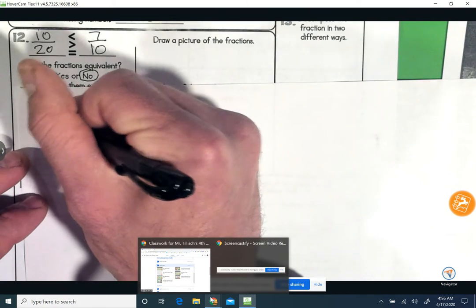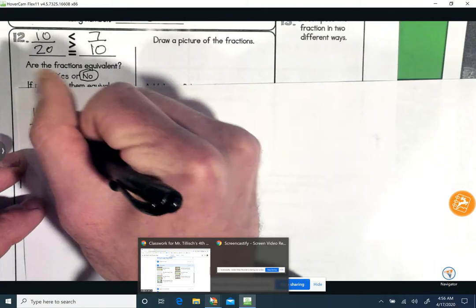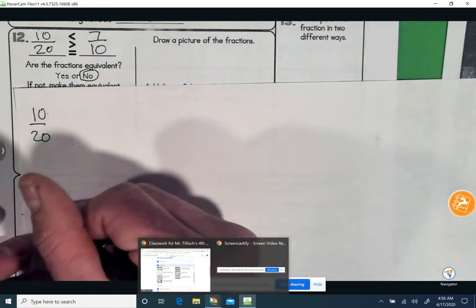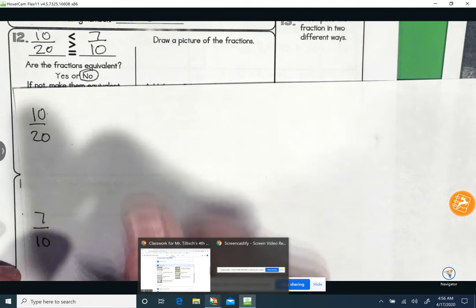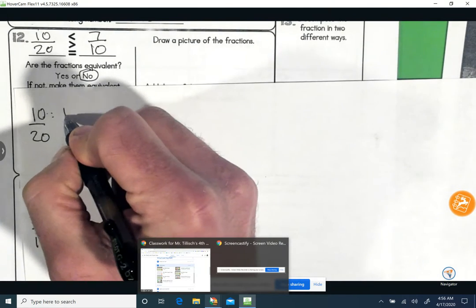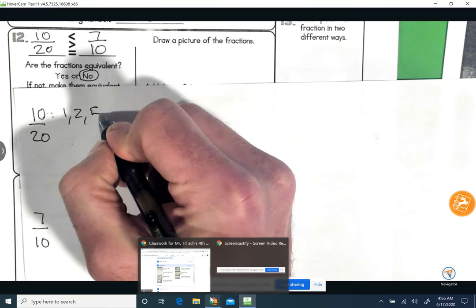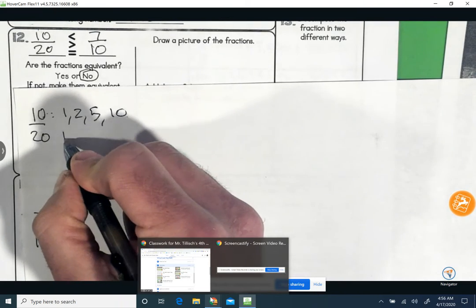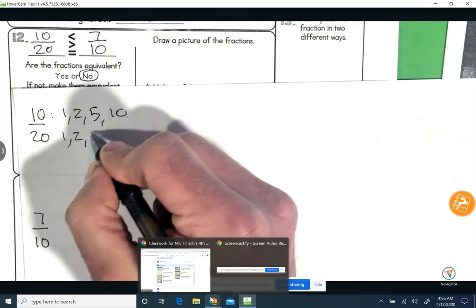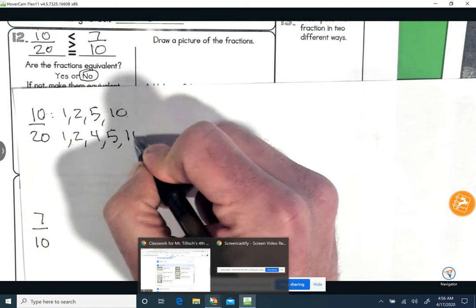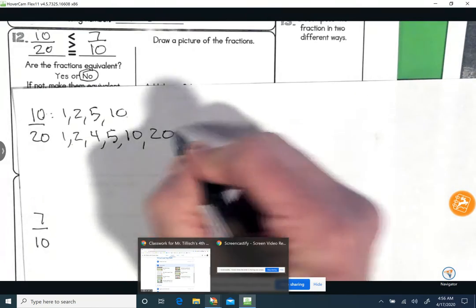Simplest form means that you are going to find the greatest common factor between the numerator and denominator of both of the fractions. The factors of 10 are 1, 2, 5, and 10. The factors of 20 are 1, 2, 4, 5, 10, and 20.